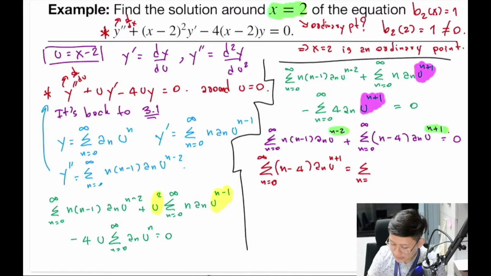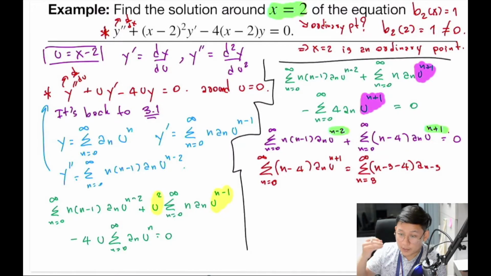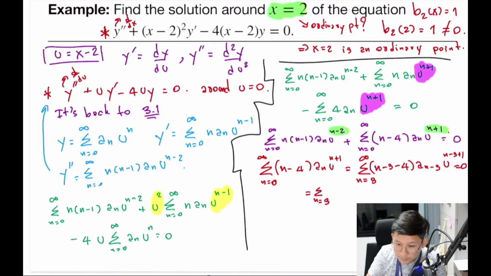You'll see in a minute. So if I begin from 3, n minus 4 will be n minus 3 minus 4, a_n minus 3. We need to change n to n minus 3, and u to the n minus 3 plus 1. And that is actually summation n from 3 to infinity n minus 7 a_n minus 3 u to the n minus 2.